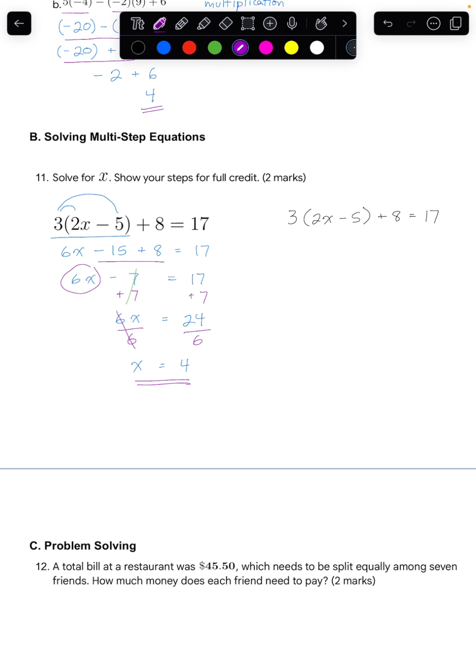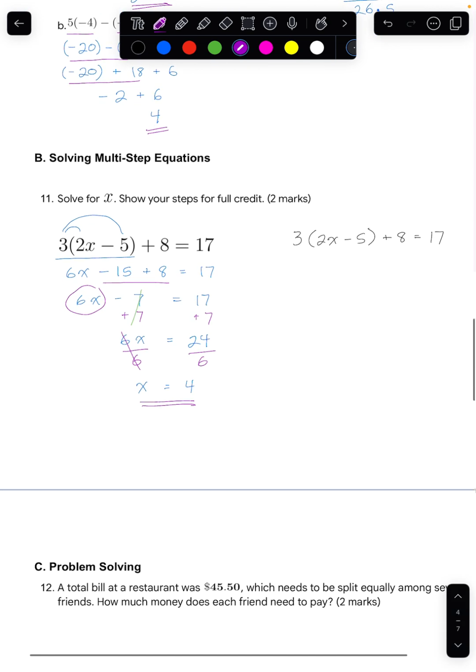The other method is to just get closer and closer to isolating x by itself on one side. And so the first thing we want to do is isolate the set of brackets that x is in. So the first thing we will do is remove this plus 8.